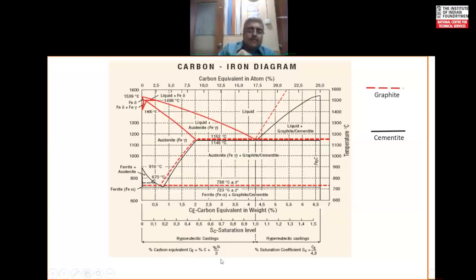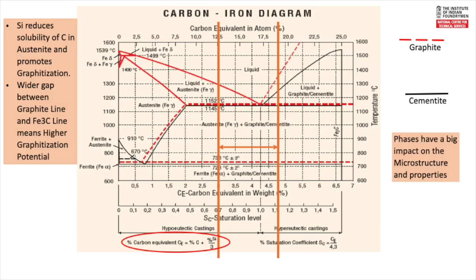Let's come to this important idea of carbon equivalent. The term carbon equivalent is used because the other elements present in a typical cast iron melt, such as silicon, manganese, sulfur, and phosphorus, have an effect on the solubility of carbon in iron.